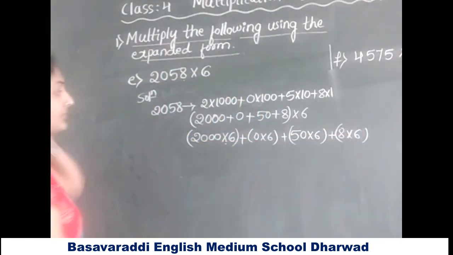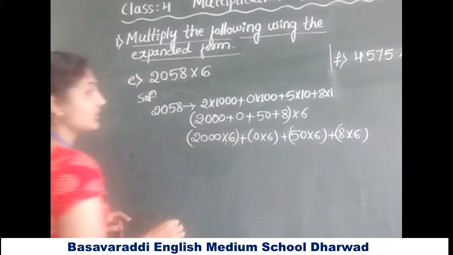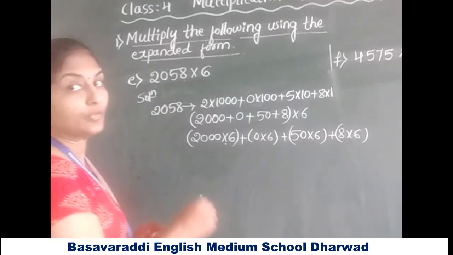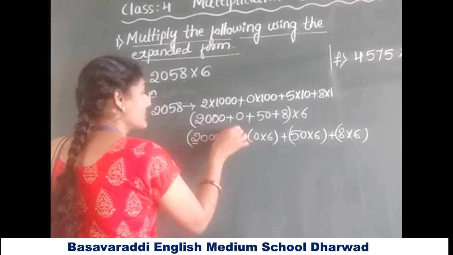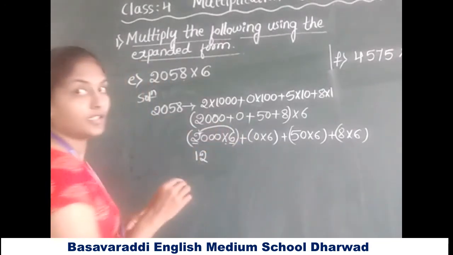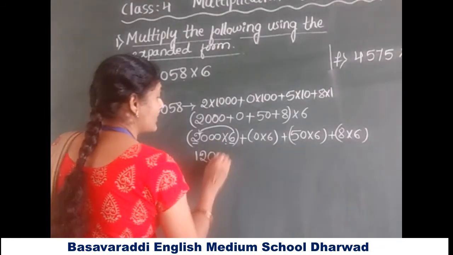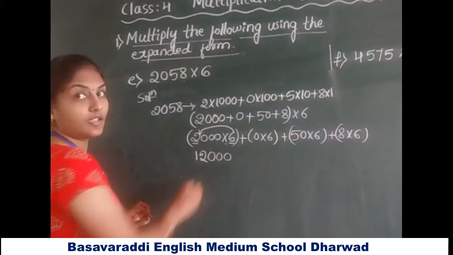Okay, next, multiply first the non-zero part, that means multiply with the non-zero part first. 6 and 2 there, 6 2s are 12, and then write the zeros there. 1, 2, 3, there are 3 zeros, so I wrote the 3 zeros in the place.